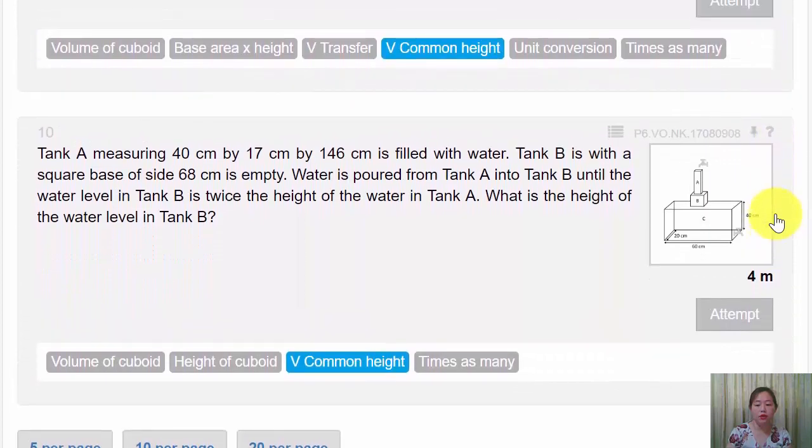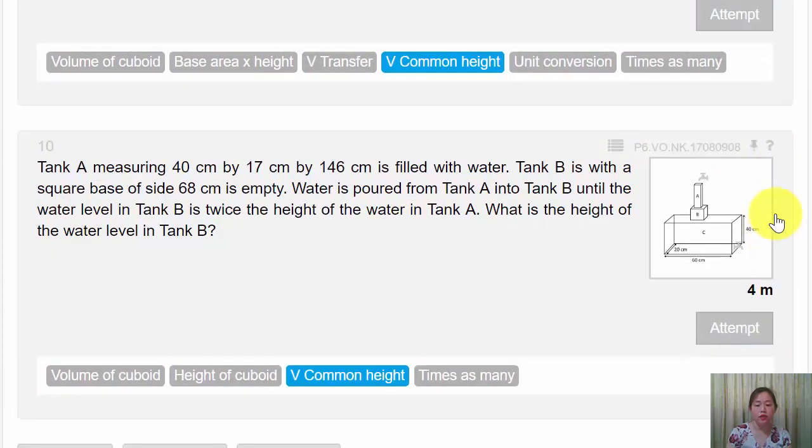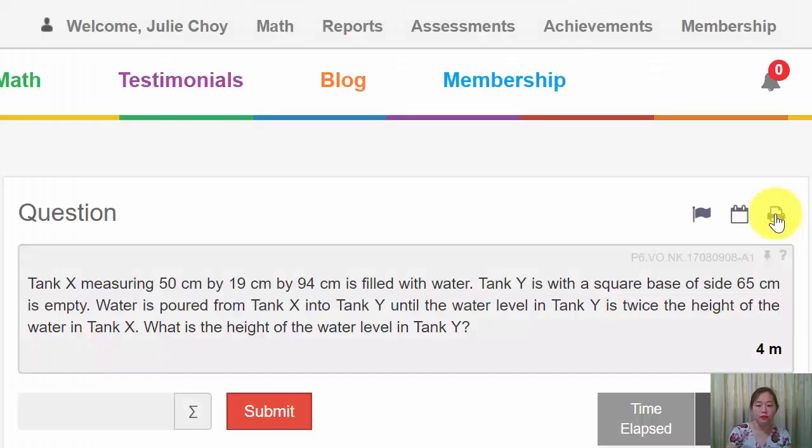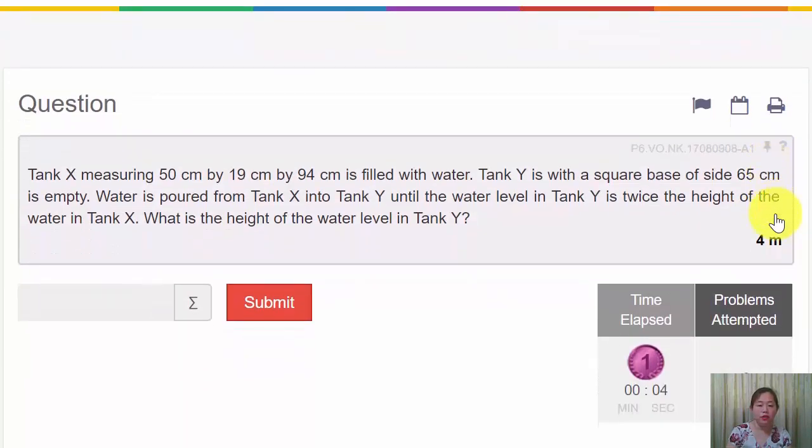So try those questions that you think you are not confident in and see whether you can get it correct. For example, if you try this question, you can do it and click on submit. I do not advise you to keep on doing the same question and get it wrong. The important thing is to understand why.